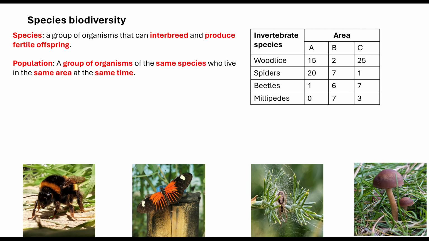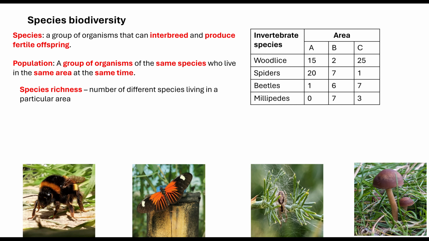So what we have to then think about to understand species biodiversity, there are two parts to this. The first one is to do with species richness. What is the number of different species living in this particular area?